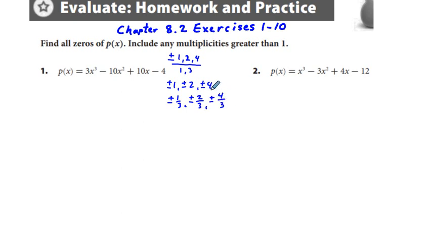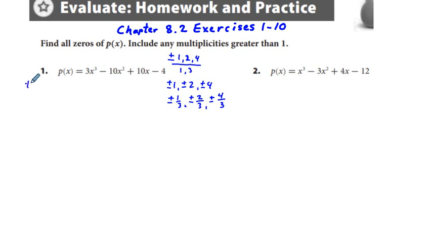So 6 different possibilities here, and times 2, that would be 12 potential rational zeros. We're going to test these zeros, and I like to start with the whole numbers, the integers, starting the lowest first to make arithmetic easier.